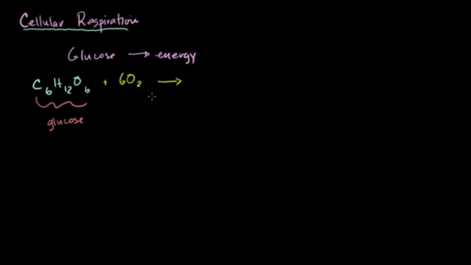Let me pick a nice color. So this is cellular respiration, which we'll see is quite involved, but I guess anything can be if you want to be particular enough about it. Through cellular respiration, we're going to produce 6 moles of carbon dioxide, 6 moles of water, and this is the key, this is the super important part, and we're going to produce energy.